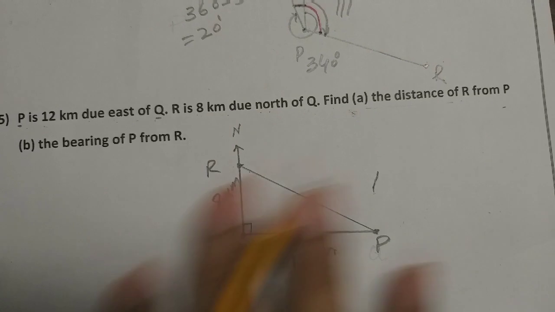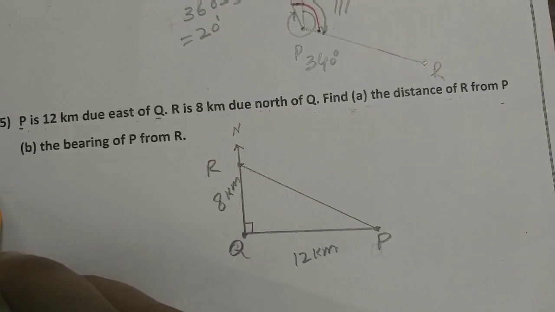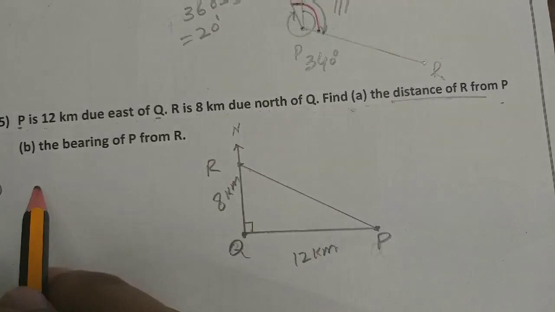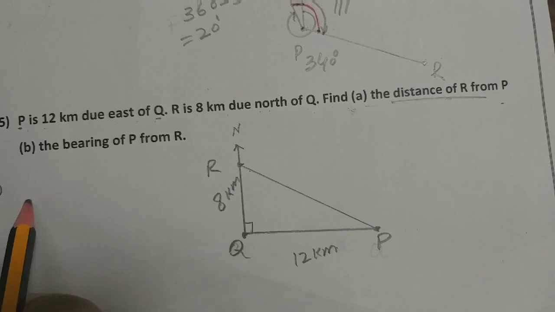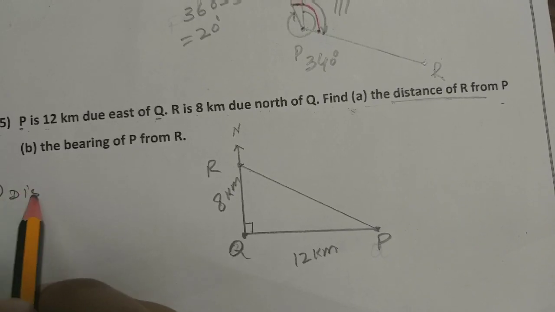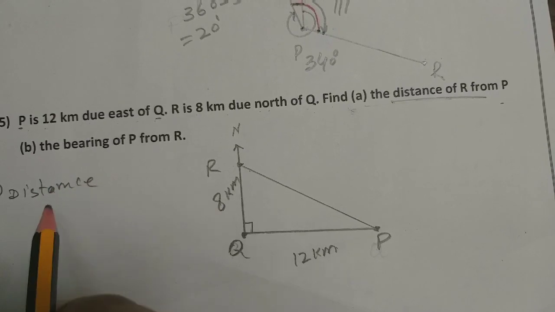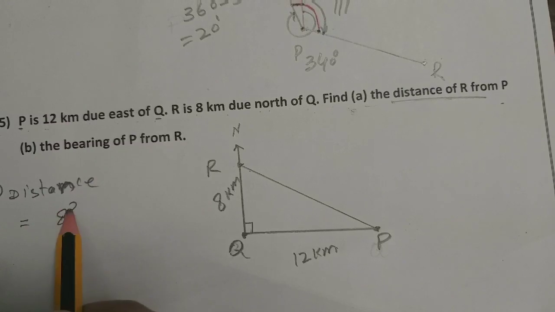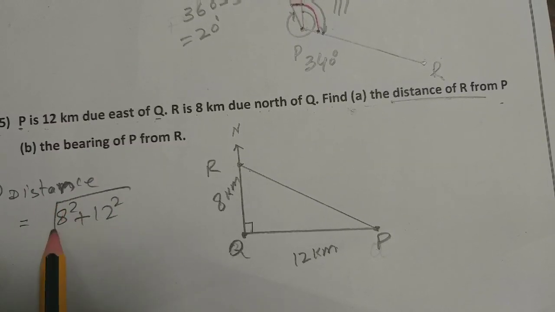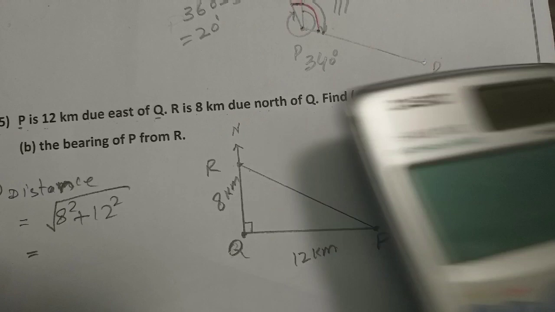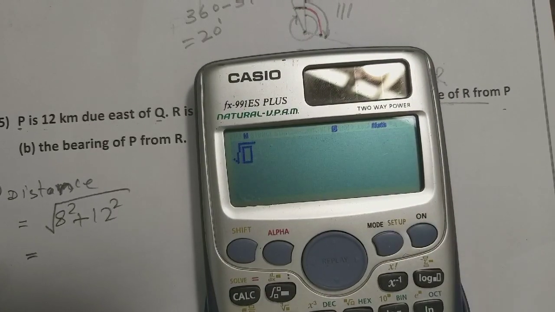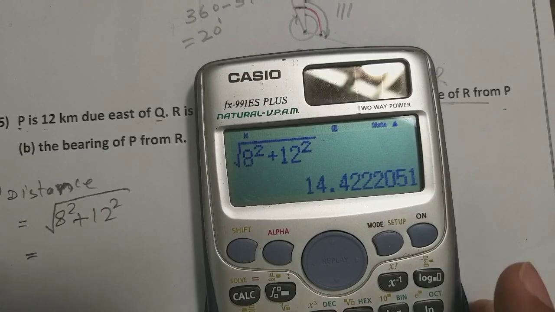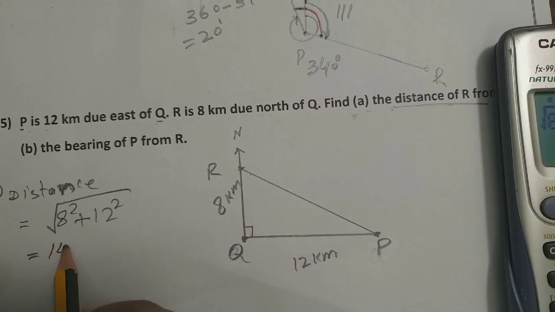So the distance equals the square root of 8 squared plus 12 squared, which is equal to 14.4.